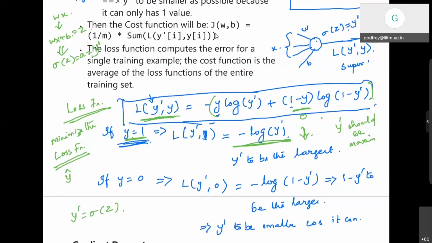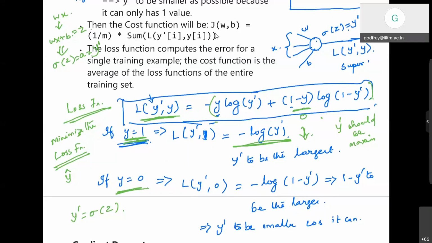So now this is also equal to y dash. If y equals 1, y dash should be maximum in order to make the loss function minimum. Now if y is equal to 0, then what will happen to the loss function?